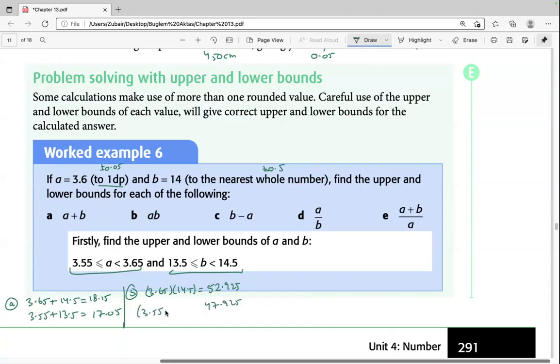Do we round that, or do we just write the answer? The question is not telling us to, so we don't have to. If it says give your answer to so many decimal places or significant figures, then we can do that.